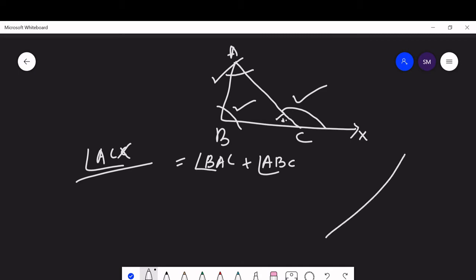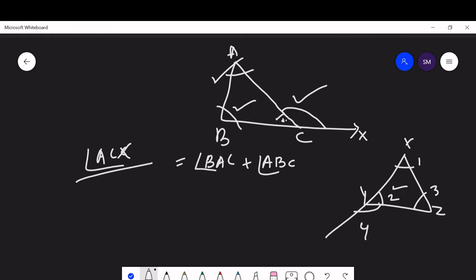Suppose we draw another diagram. Suppose XYZ is a triangle. Angles 1, 2, 3 are the interior angles and 4 is the exterior angle. Angle 2 is the interior adjacent angle of exterior angle 4. Then 1 and 3 are the interior opposite angles of exterior angle 4.